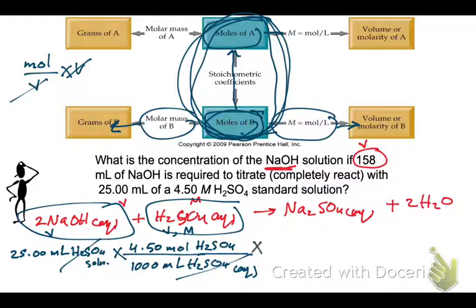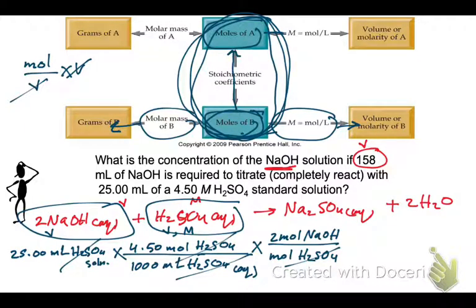Now I can convert that to moles of sodium hydroxide by using the mole to mole ratio, because that's stoichiometry. So I will say 2 moles of sodium hydroxide are needed for every 1 mole of H2SO4. Now these cancel out. Now that I have moles of sodium hydroxide, they want molarity.